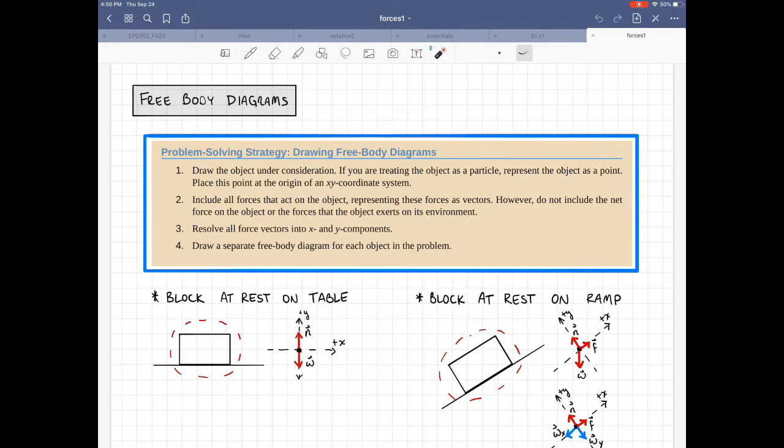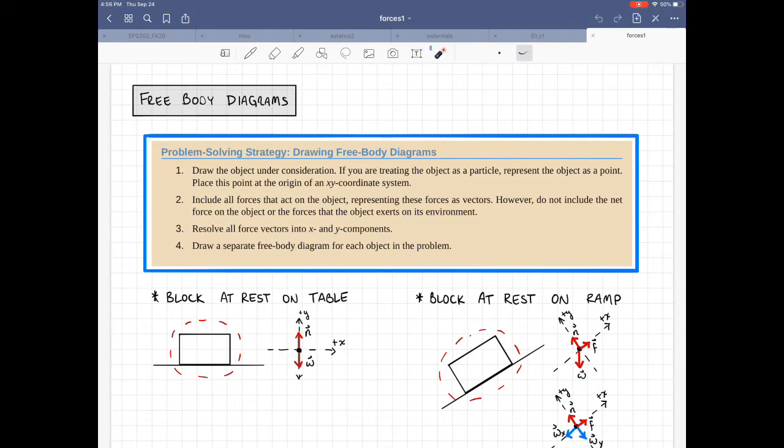The technique here for identifying forces is really straightforward. You'll see I've drawn this dotted line around my object of interest. And remember, the only way you get forces is if there's contact with your object from something else, right?